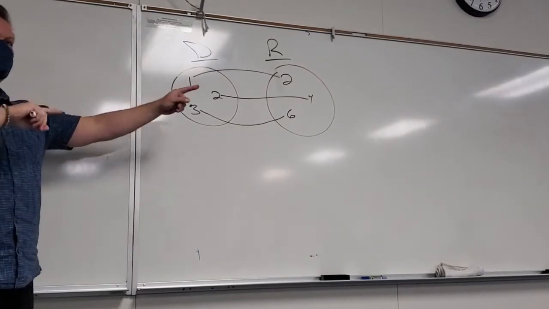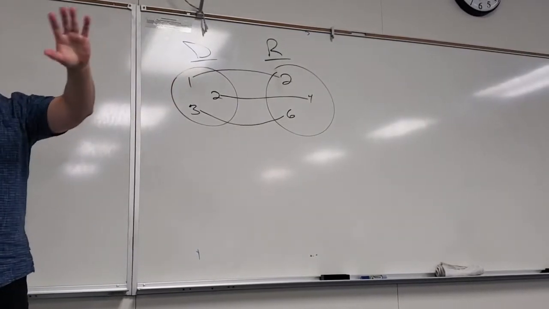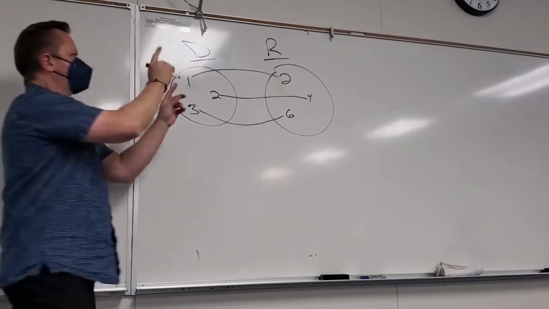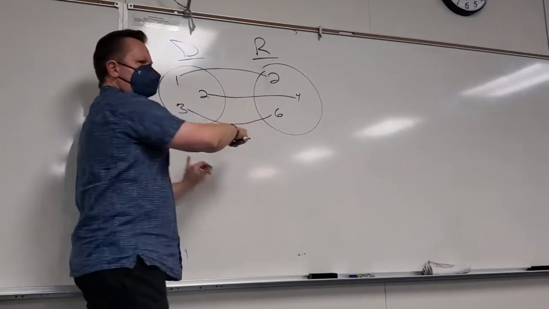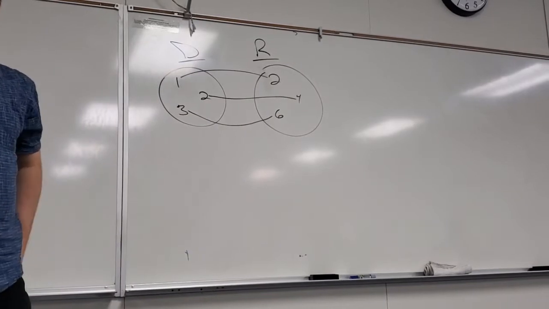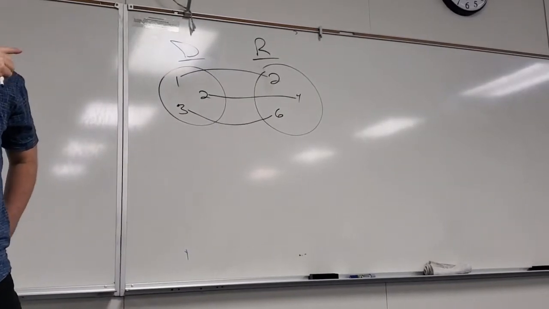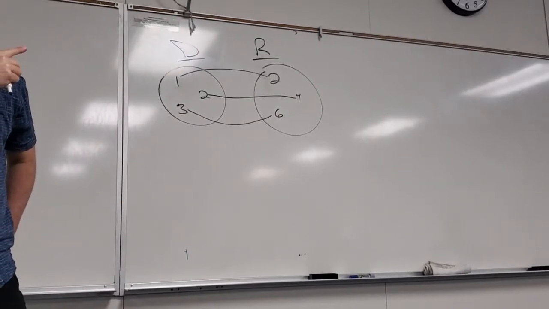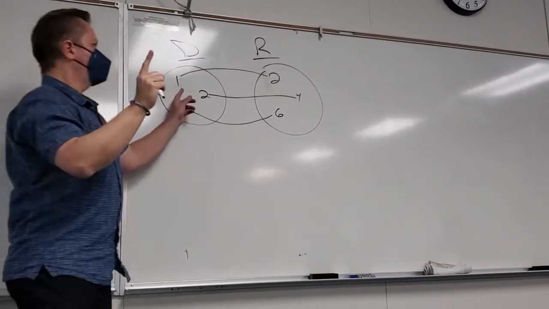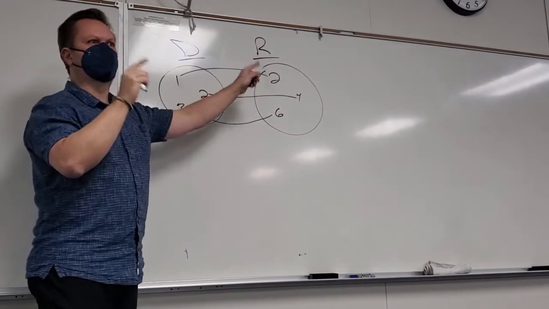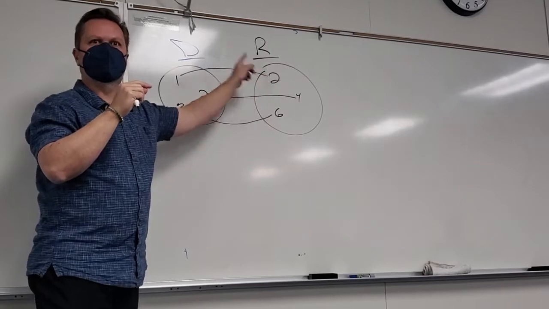So the function, and we're not going to suddenly start doing algebra right now, don't worry, but the rule would be double these. Now, based on your gut, would you say there's a one-to-one correspondence? What does 1 correspond to from this set? 2. And what does 2 correspond to from this set? 1.